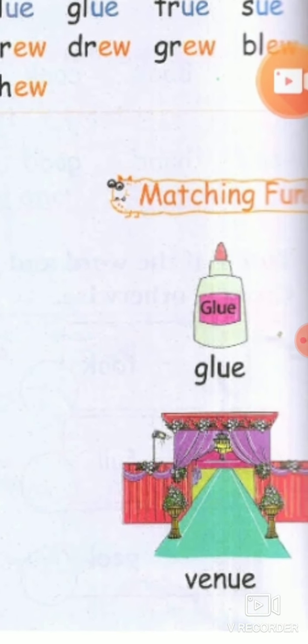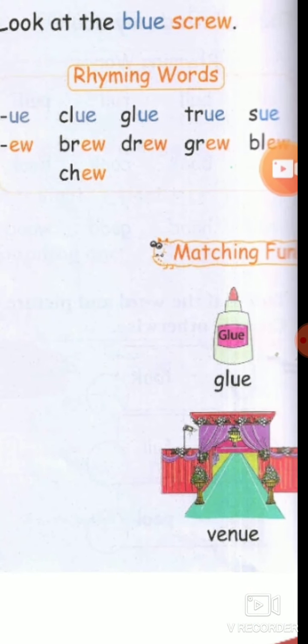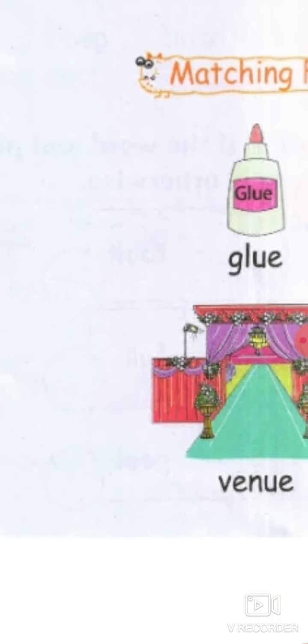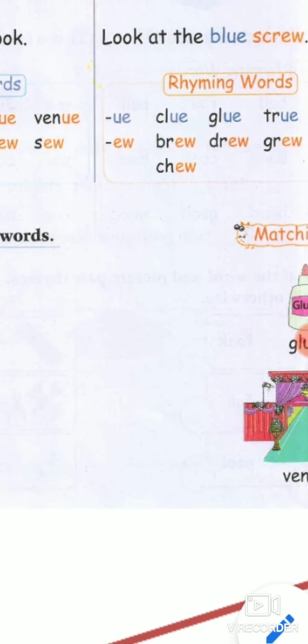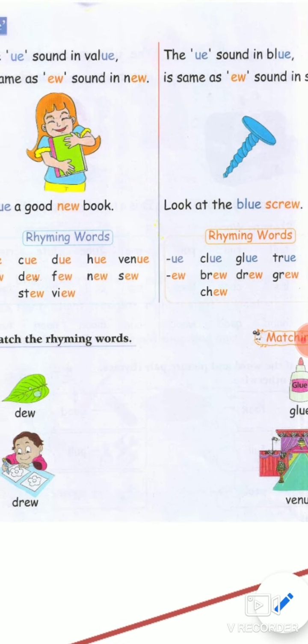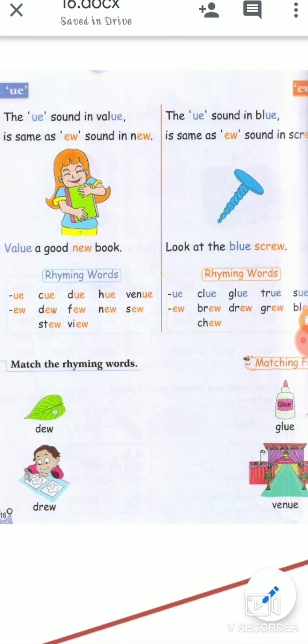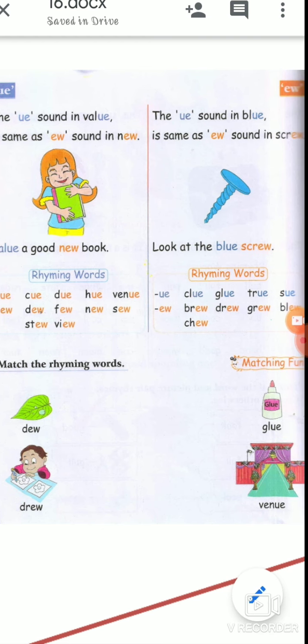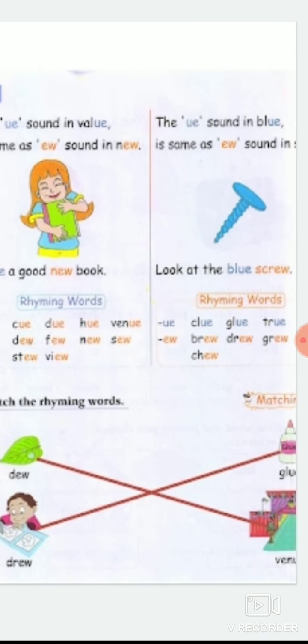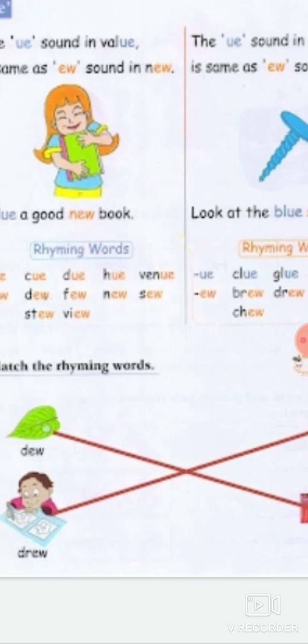The word is GLUE, glue. Now come on the next. VENUE, venue. So you have to match these four words with their rhyming. आपको क्या करना है children? Rhyming जिनका correct है उन्हें match करना है. See here, it is the activity.